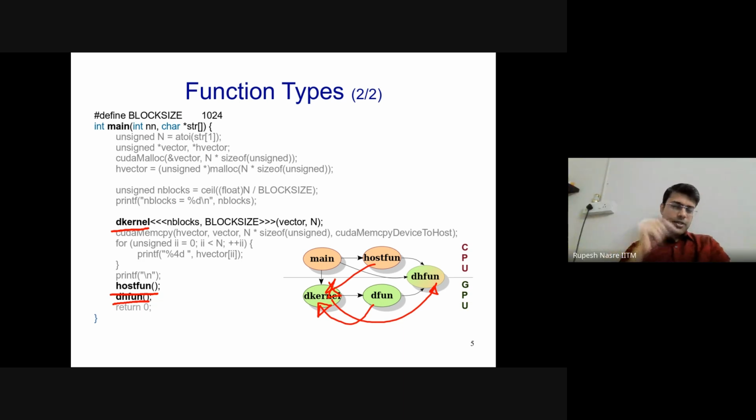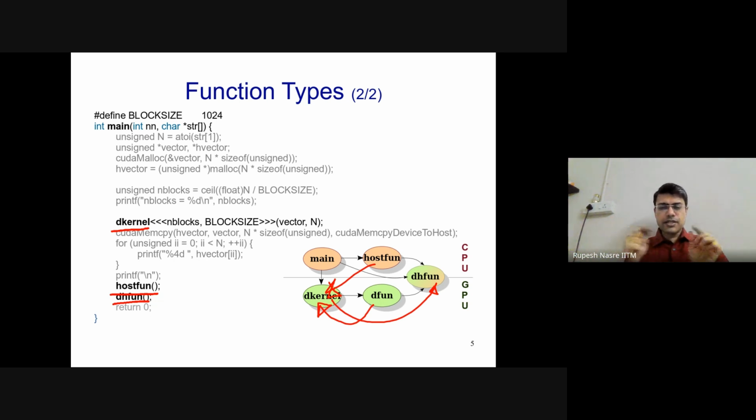Right. So the usage of dfun is going to be translated to the usage of DH1 also. So dfun is also sequential. It's just a device function which is being called from every thread. So the parallelism lies in the kernel, because the kernel is being executed by multiple threads.